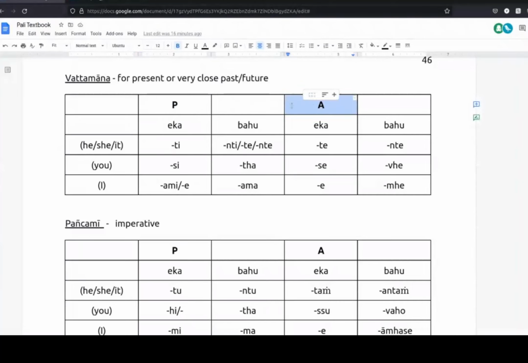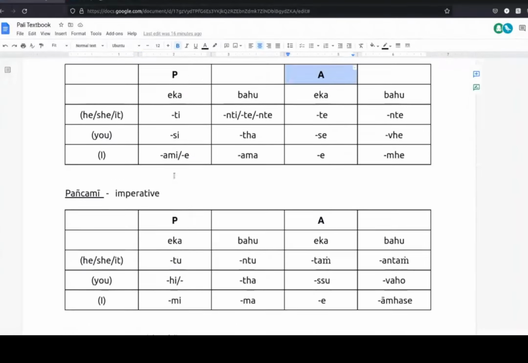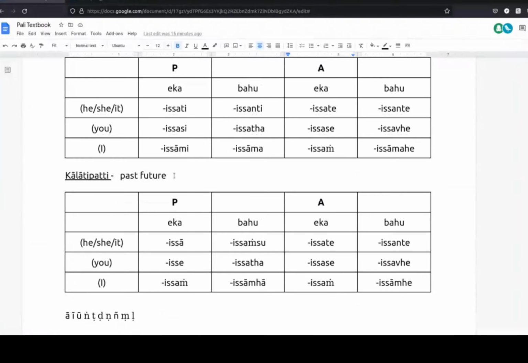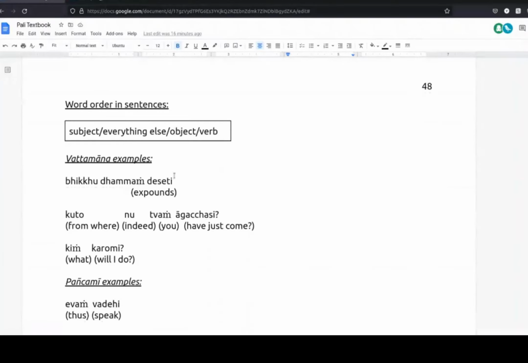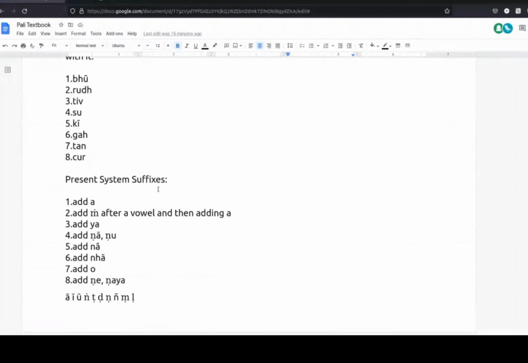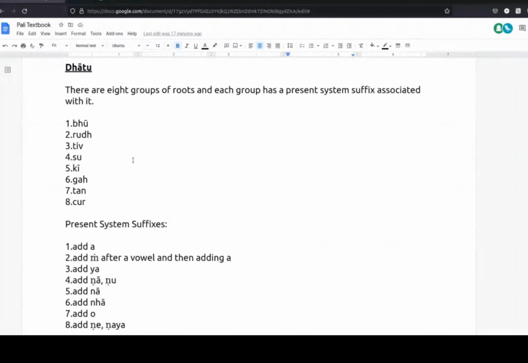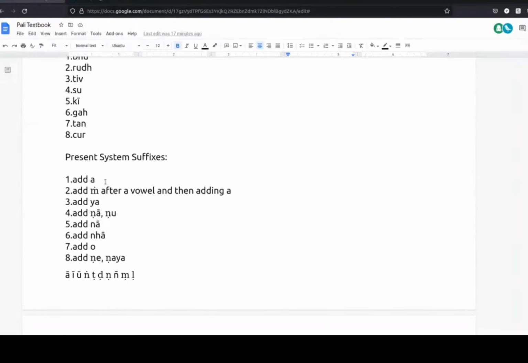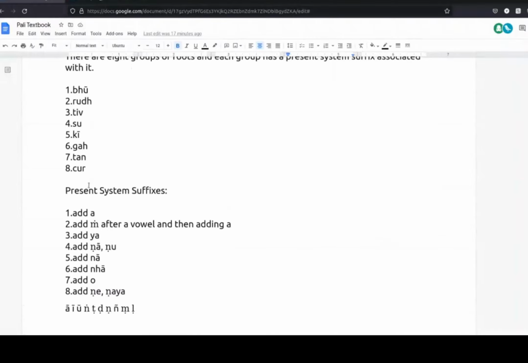So the letters are backwards because this is the Pali Parasapada, Atanupada. But then you've got this little problem that before you add the ending, you have to add a suffix. And so if it's present system, which is Vattamana, Panchami, and Sattami tenses, then you go by the groups.